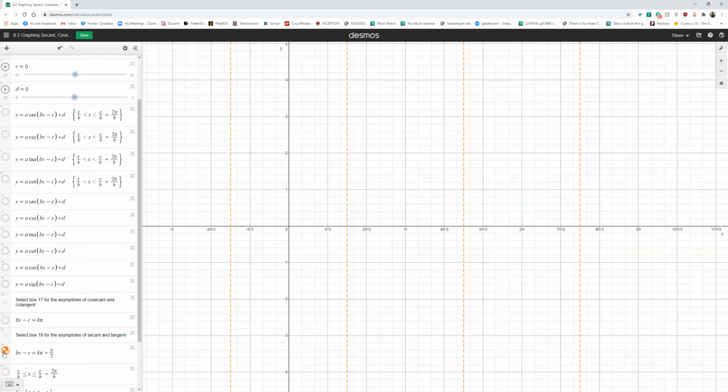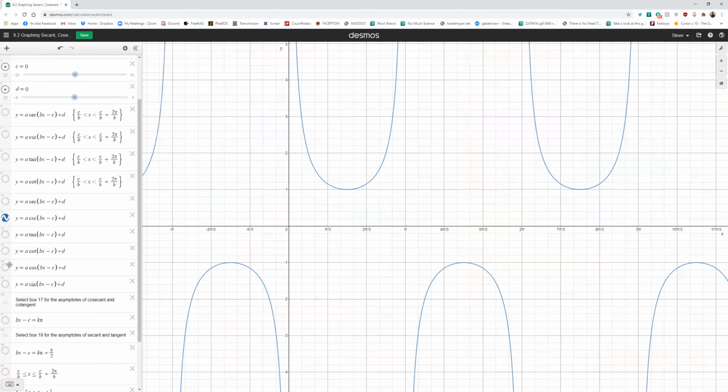Let's go back to our graphs of cosecant and sine, back up here in blue. Now, cosecant has a different set of asymptotes. Namely, the asymptotes for cosecant should show up whenever sine is equal to 0. So we can see here at negative pi, 0, pi, and 2 pi are where we just have 4 asymptotes.